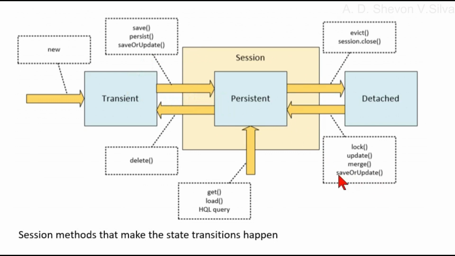Here you can see a new object is passed to transient, and transient interacts with persistent. Save, persist, and save or update move an instance from transient to persistent. Delete is from persistent to transient. A persistent object is inside the session.